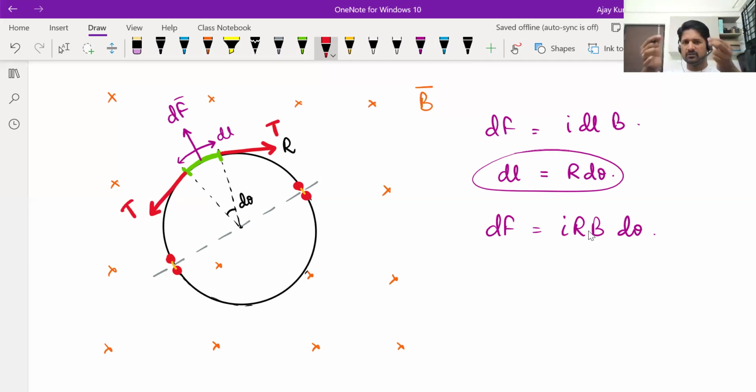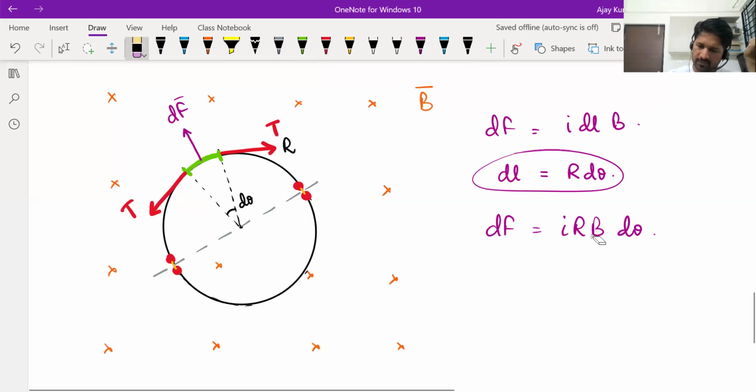It's a curved element, so the tensions will be making some small angle. If you imagine the line of symmetry, the line along which I have shown dF, the total angle subtended at the center we took as d theta, so the half angle will be d theta by 2. This side also the half angle will be d theta by 2.